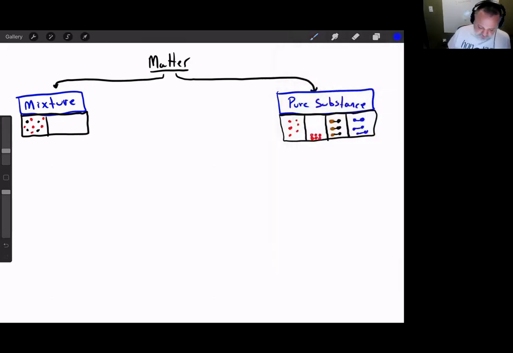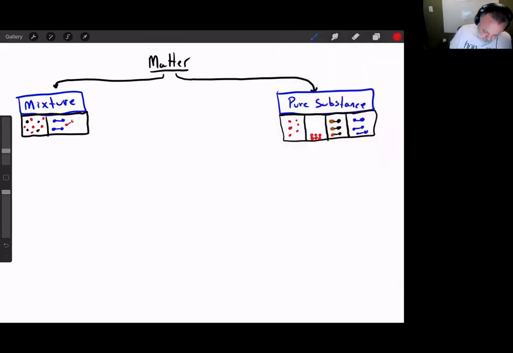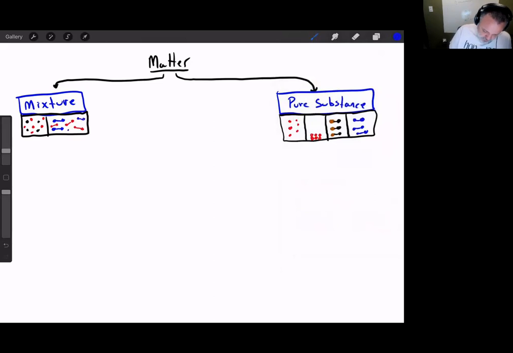Here's another picture of a mixture. I've got the red molecules and the blue molecules mixed together.